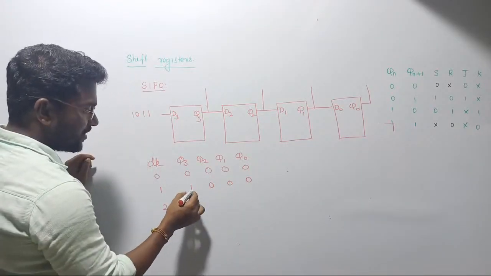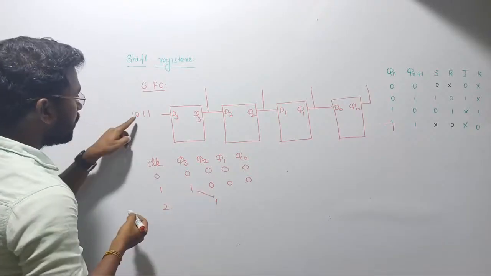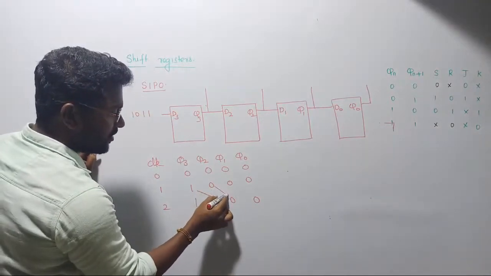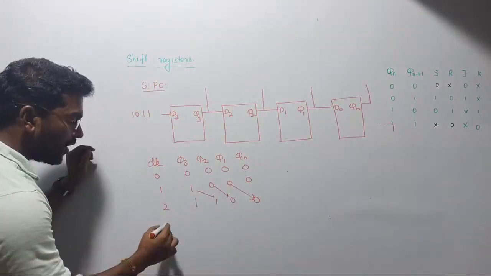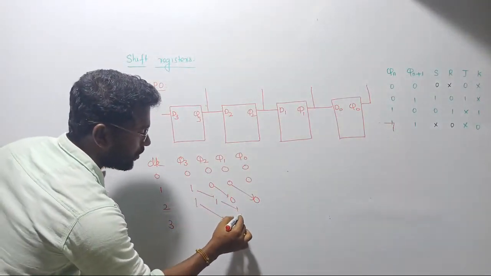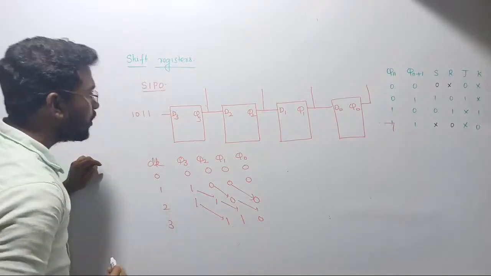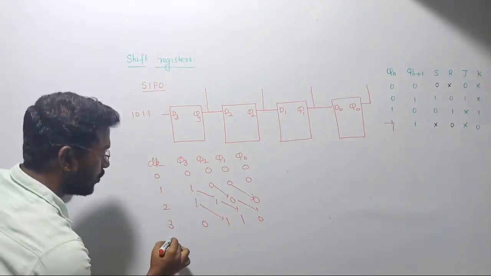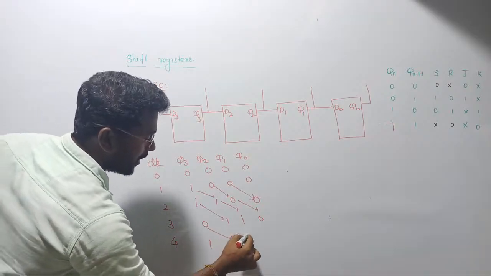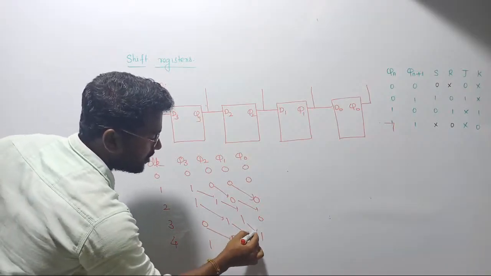The second data will enter such that this one will go here, the next one will enter the circuit, and the rest are going to be 0. That is, this 0 will go here, this 0 will go here. Again, while applying the third clock pulse, this one will go here, this one will come here, this 0 will go here, and the next data, that is 0, will enter the circuit. On the fourth clock pulse, again this 0 will go here, 1 will enter, again 1 1. Clear? This one will go here, this one will come here.